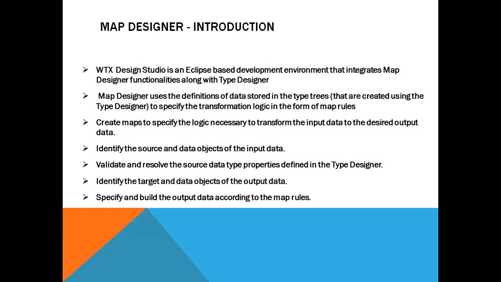The type tree might have multiple structures, so you have to identify what your component or data object is, in the type tree perspective what your type is. You have to identify the type of your data object for both input and output: identify the source data object and the target data object. Source means input, target means output data.